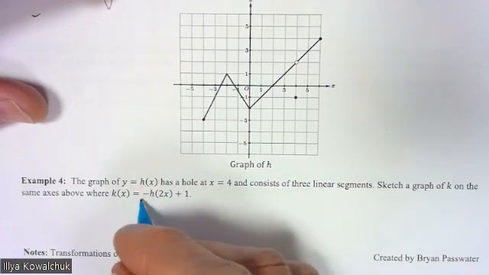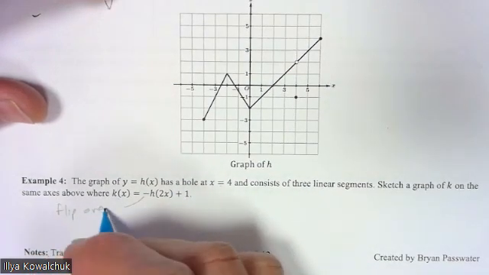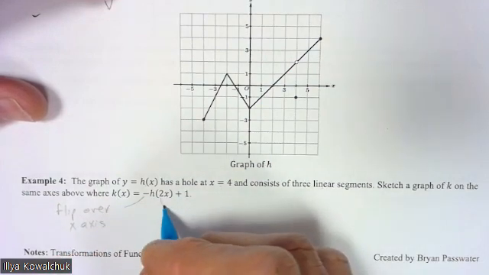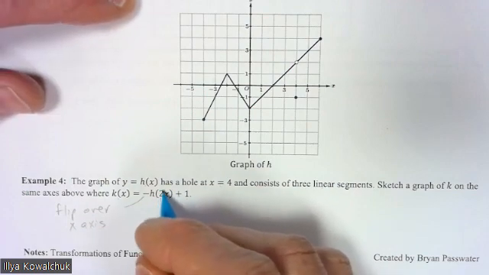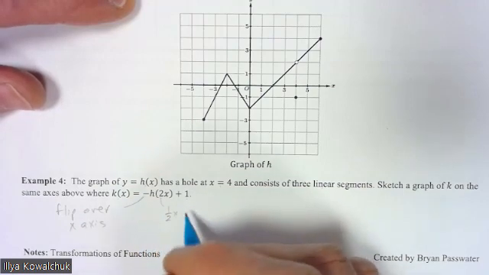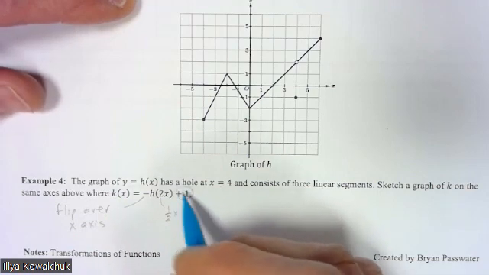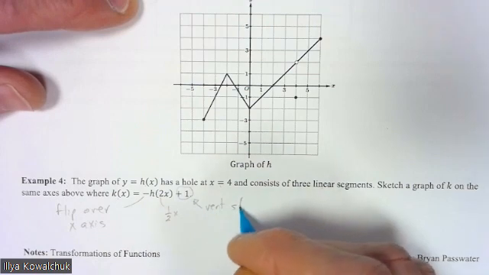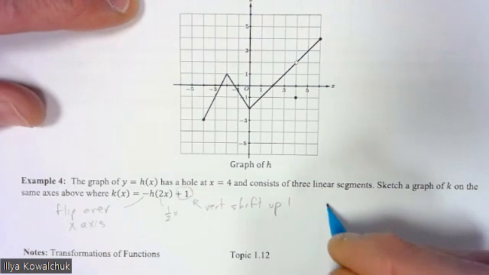Okay, so this is going to be a flip over the x-axis. The 2x is 1/2 of x, right? We take the opposite. We don't multiply, we divide. So we do 1/2 of x. And then this 1 is going to be a vertical shift up 1. Now we have to do it in order.